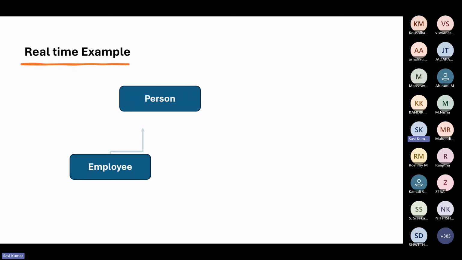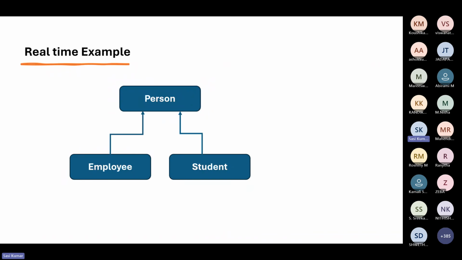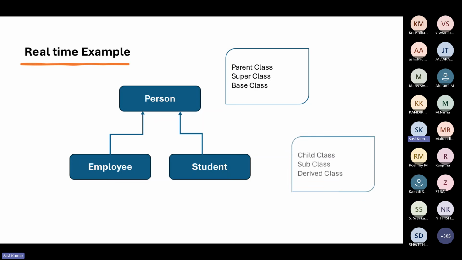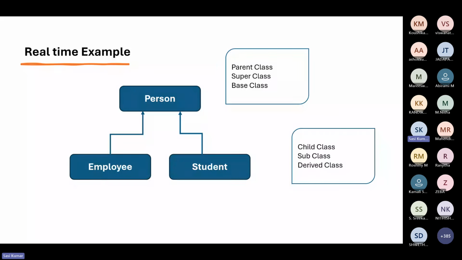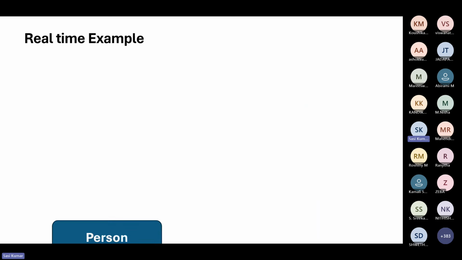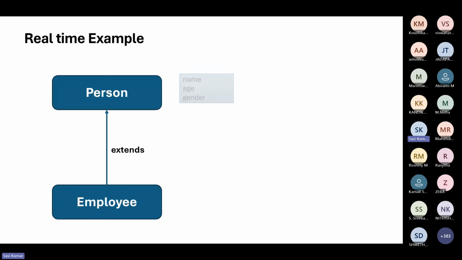And the real-time example is here: we have seen there is a person class called a superclass, and employee is the subclass, and student is also one of the subclasses. Both are inheriting the common properties from the superclass, correct? And again we have seen in depth, by using the extends keyword we can go for it. Employee class is the subclass to person class.